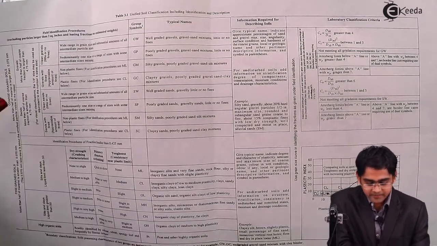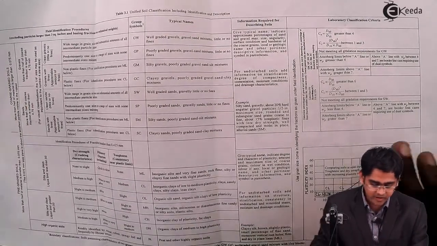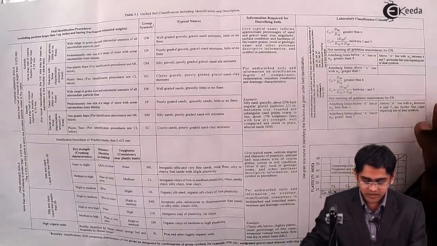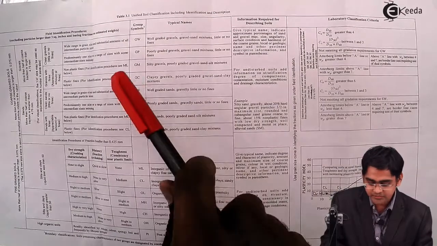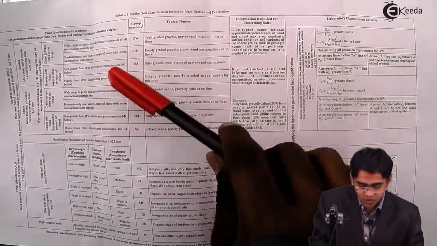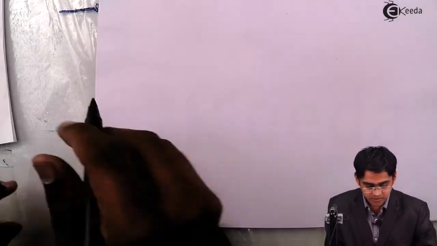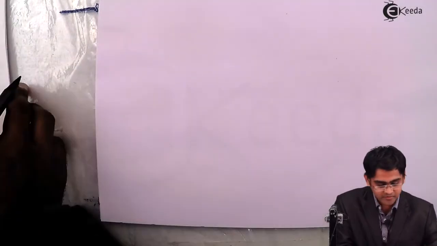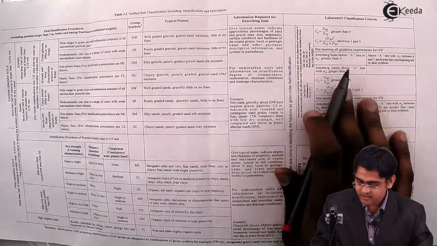Once you know about gravelly and sandy soil, you have another two classifications, which are GW and GP, and also GM and GC. The classification of GW and GP depends upon the coefficient of uniformity and coefficient of curvature, that is Cu and Cc.